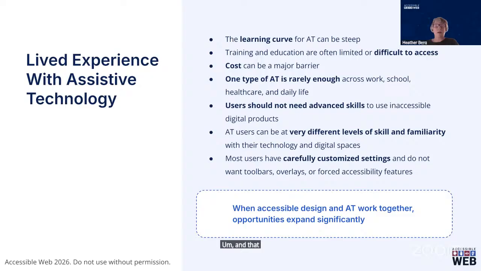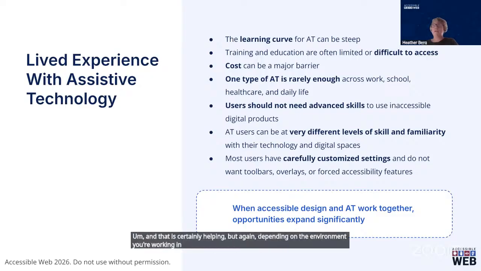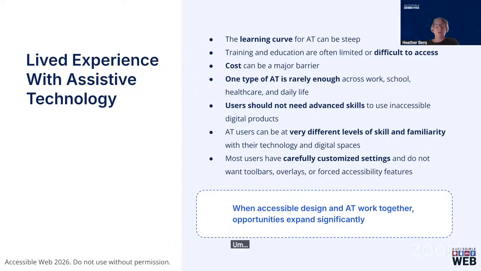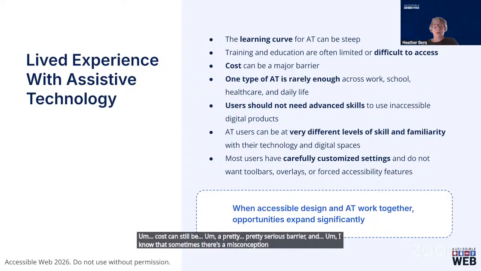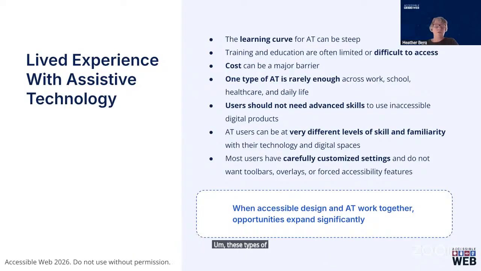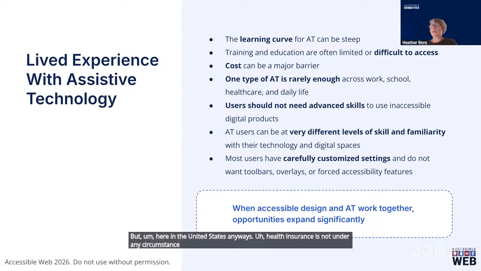But again, depending on the environment you're working in, the type of tech you need to use, cost can still be a pretty serious barrier. And I know that sometimes there's a misconception that these types of items can be considered durable medical equipment. But here in the United States anyways, health insurance is not under any circumstance paying for these assistive technologies.